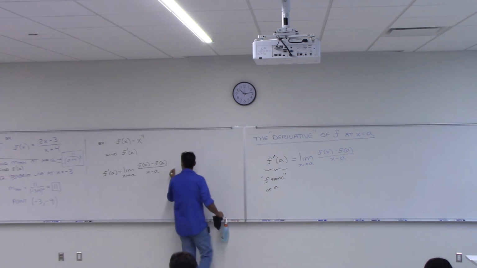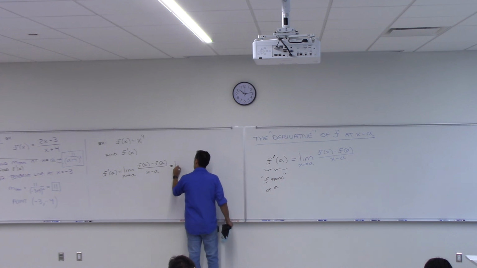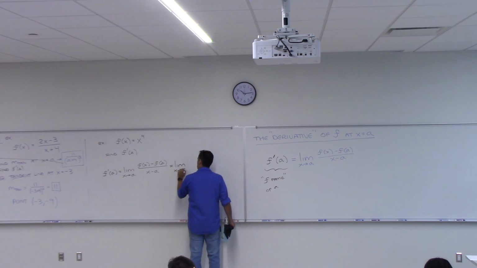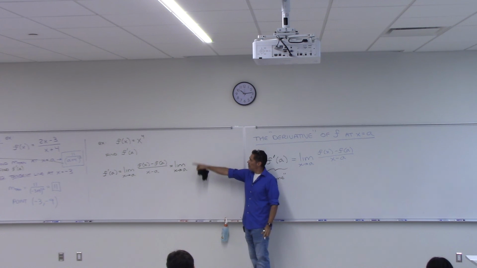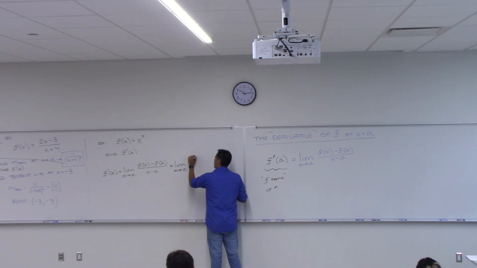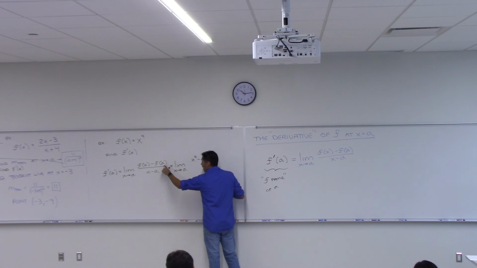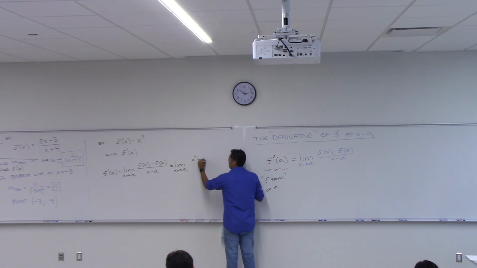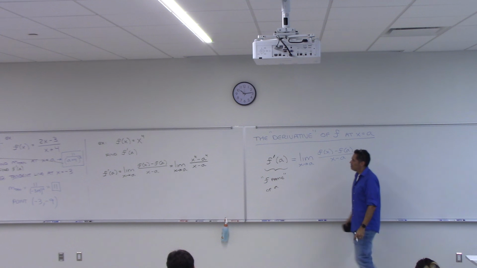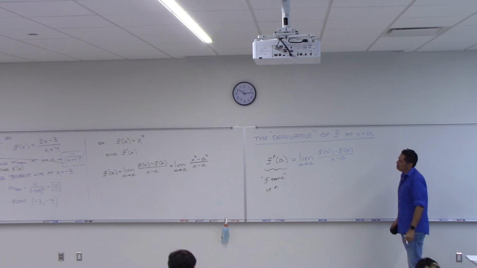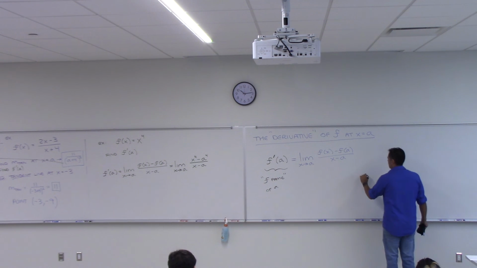Now for this particular problem, f of x is x to the 4th, and f of a is a to the 4th, and this is all over x minus a. So this actually doesn't look too bad, does it? As long as, well, don't do this, please.